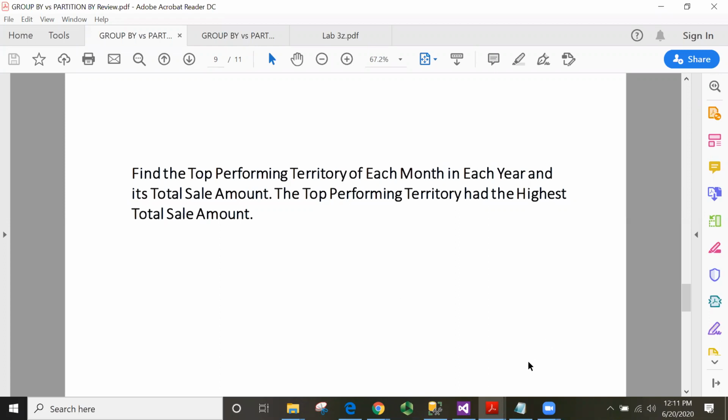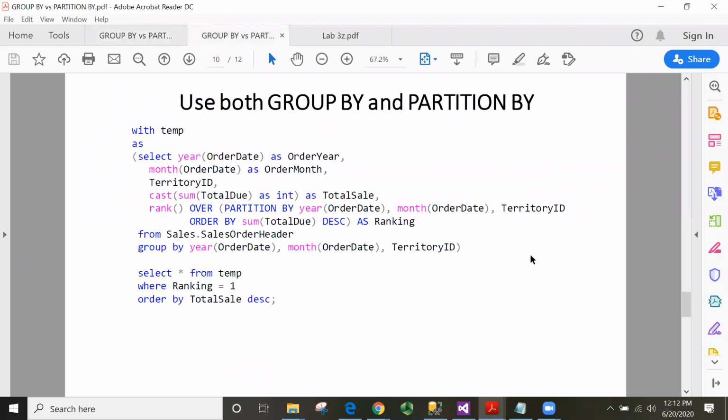So go back to our solution now. We are trying to find the top performing territory of each month in each year, right? So we need to organize our data into the month of each year.